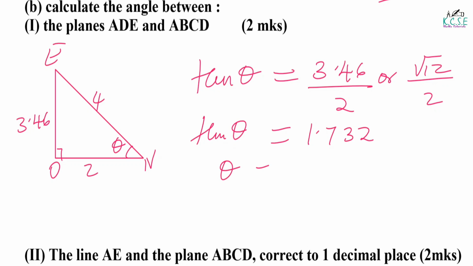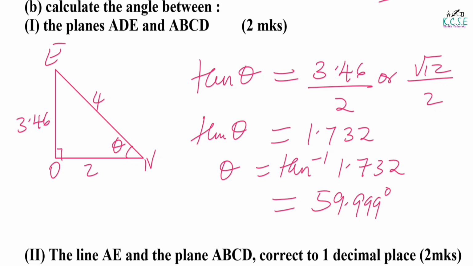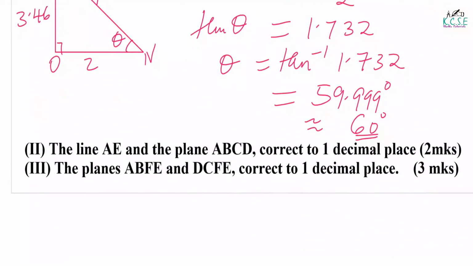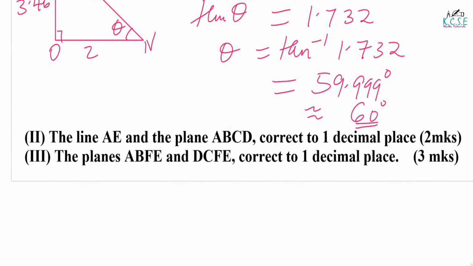So theta will be given by tan inverse of 1.732, which gives 59.999 degrees. So approximately to 4 significant figures, this will give 60 degrees. So that is the angle between the plane ADE and ABCD. Now let's go to the other part of the question.